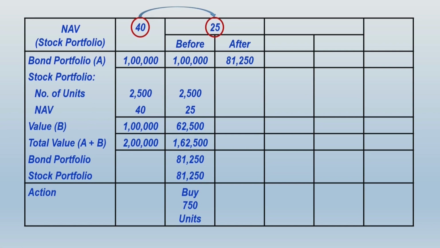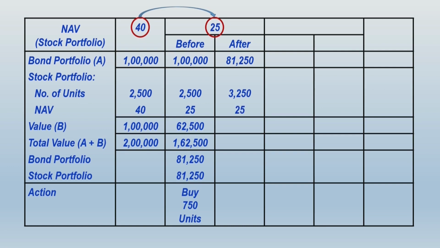So can you tell me what will be the revised number of units over here? 2,500 units were already there before rebalancing, and the action that we took for rebalancing was purchasing 750 units. So now we should have 3,250 units.